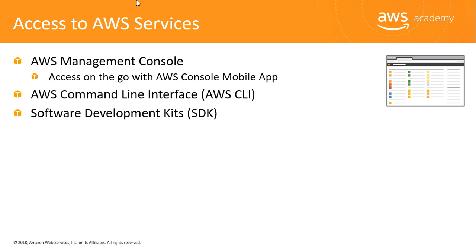So there are three things: one is you can access through the management console, one is the command line, and one is through the SDK. In simple words, if you are building some application which is using an AWS service, for that we'll use the SDK.